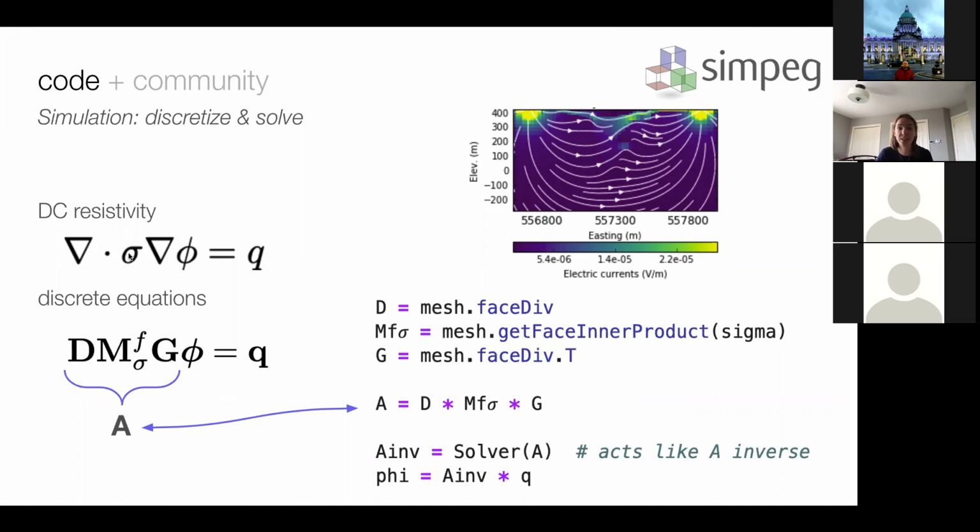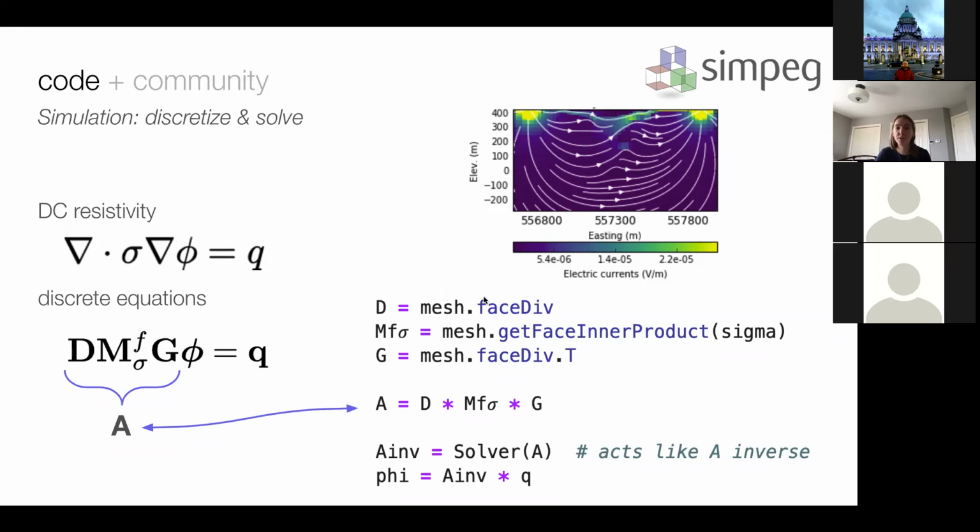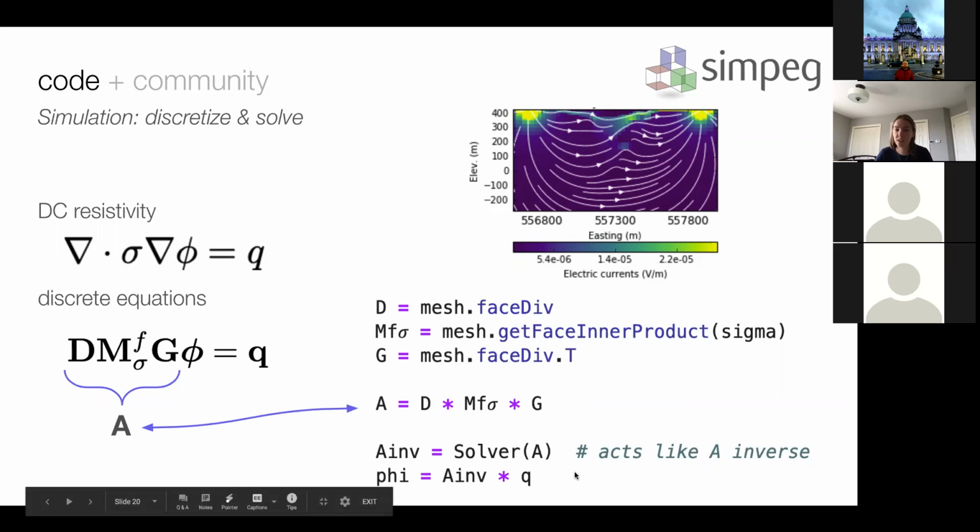Sigma is the conductivity of the subsurface, in 2D or 3D. And then here we've got the gradient and the divergence, and those we're just going to represent as matrices. So this is what the discrete equations look like. And this is actually what it looks like if you implement it in SimPEG. Once we've built that mesh where we've got that geometry, we can then go ahead and build up all of these operators, construct our system of equations, and then go ahead and solve that.